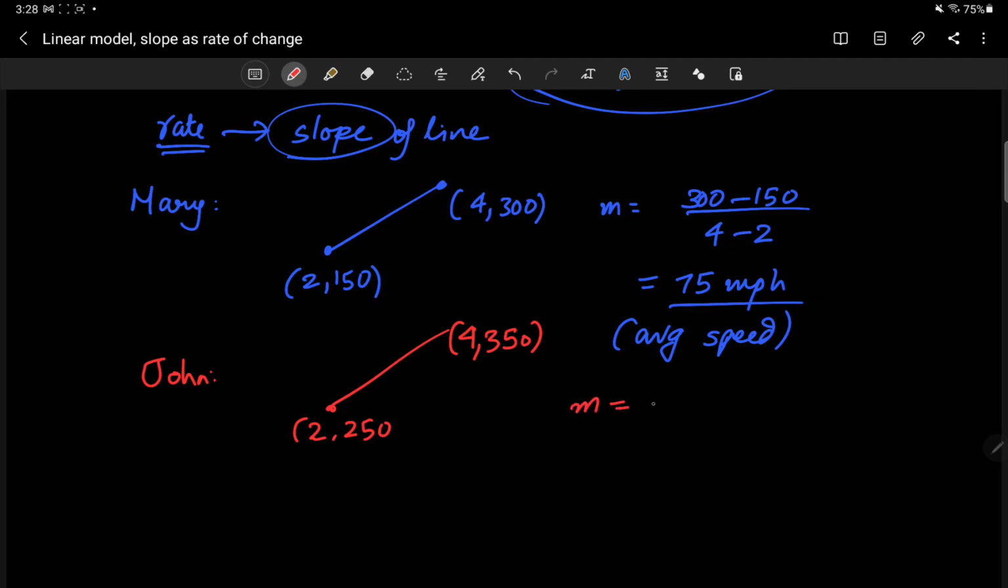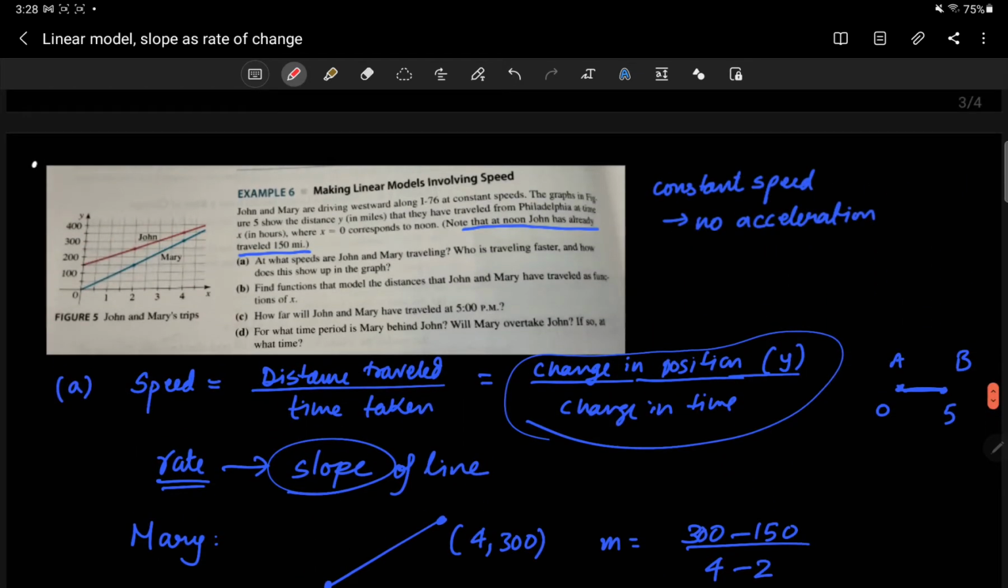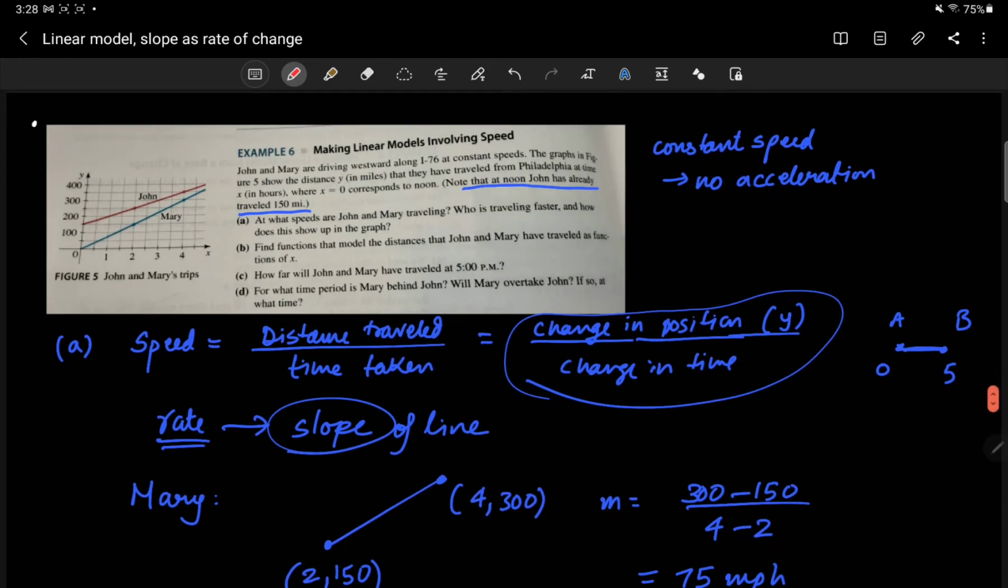So the slope for John, which is to say his average speed, is actually 100 over 2, so it comes out to 50 miles an hour. Consequently, who is traveling faster? Mary. And you can see, although Mary starts at 0, she kind of catches up with John over time, and that's because the slope is larger for Mary than for John.